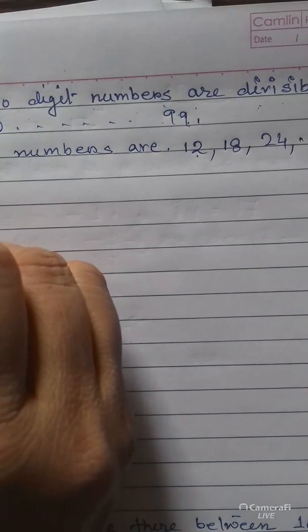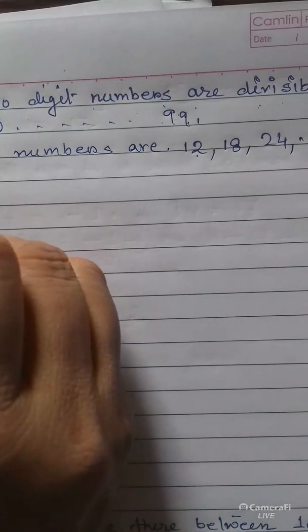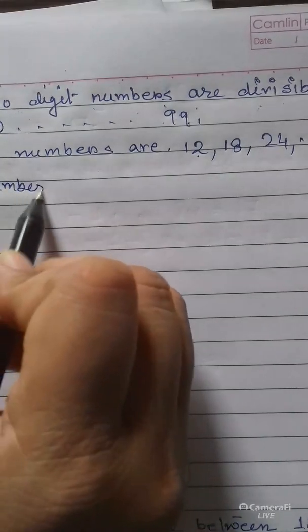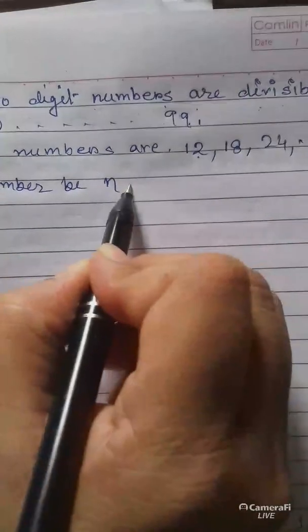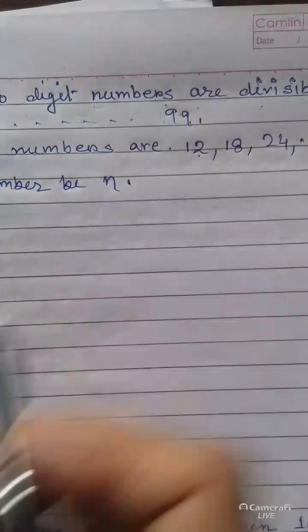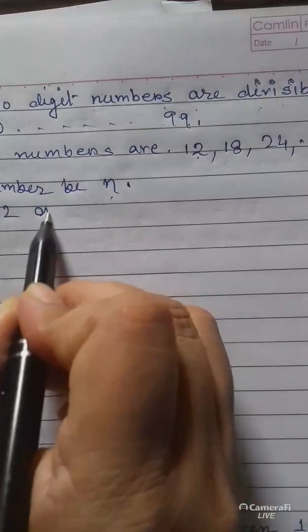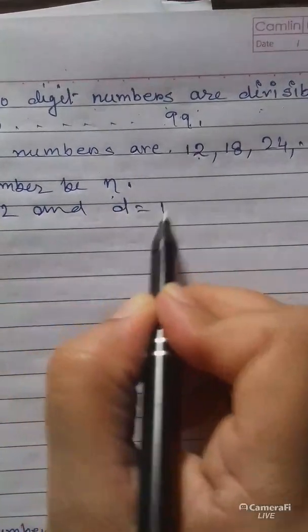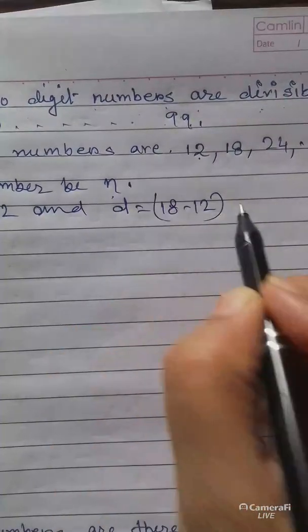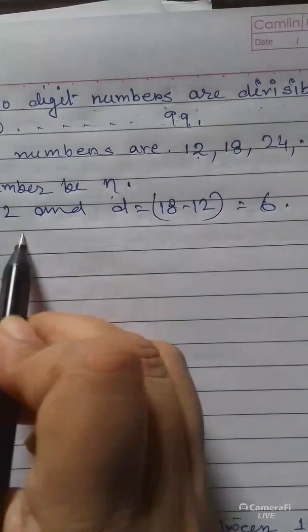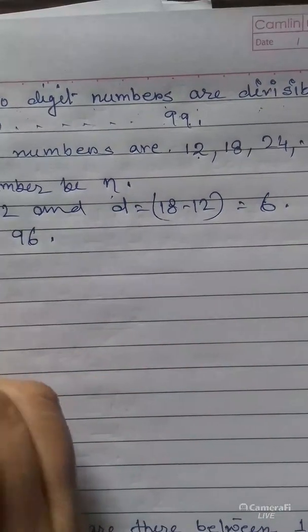Now let the number of terms be n. We can find n. Here a equal to 12 and d equal to 18 minus 12 equal to 6, and the last number tn equal to 96.